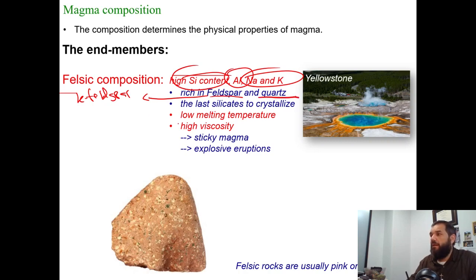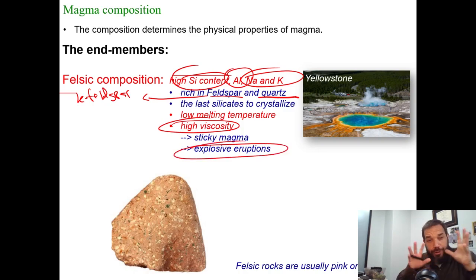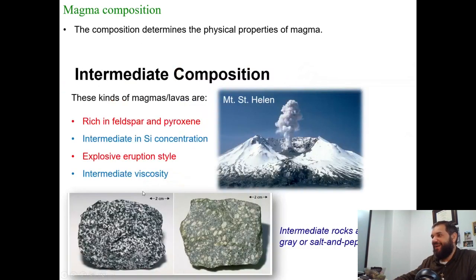Okay, these are very high viscosity, and these create huge, explosive, world-changing eruptions. So when felsic volcanoes erupt, these are the supervolcanoes. They're the catastrophic eruptions like Yellowstone, Mount Toba, things like this. Just global change when these things erupt. So anyway, that's the story on felsic eruptions.